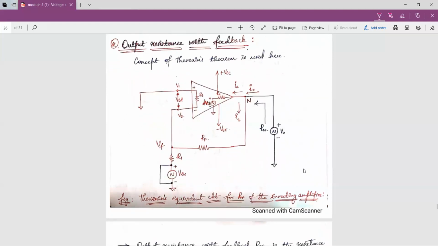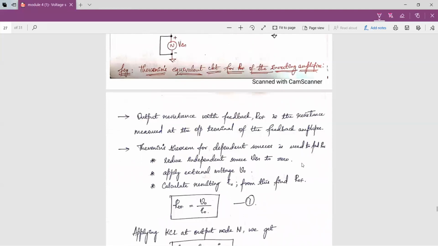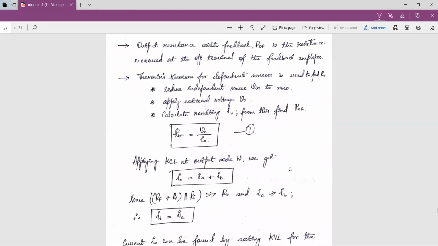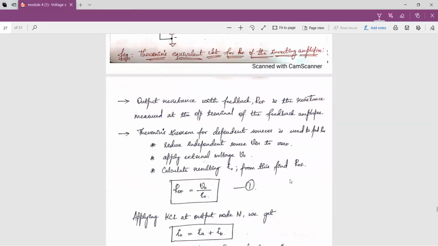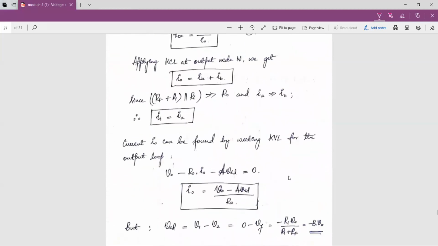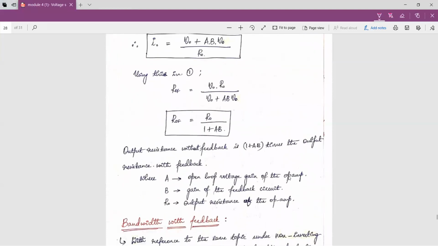So the same steps that we followed for finding the output resistance with feedback for non-inverting amplifier, the same steps we are following here. So I need you to write it on your own, but in the notes I have written it. I just want you to write.